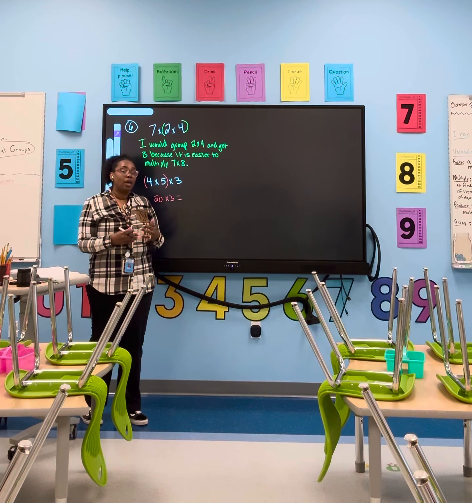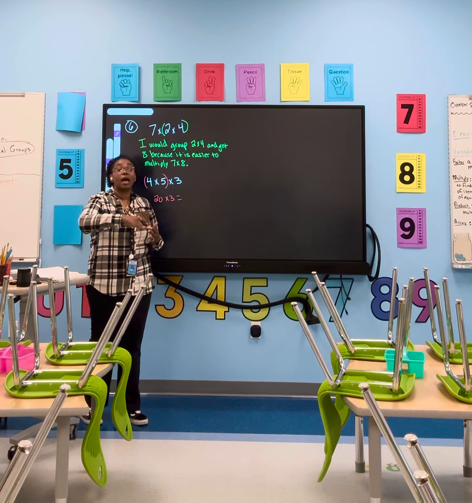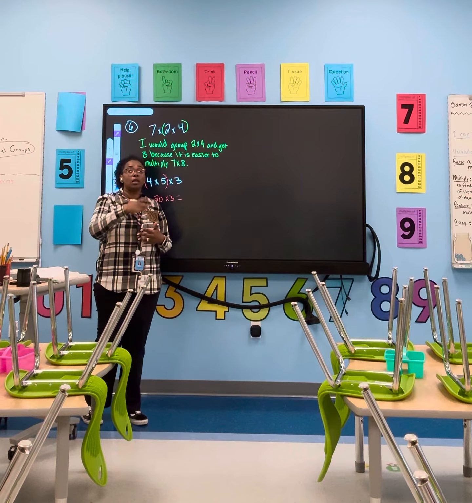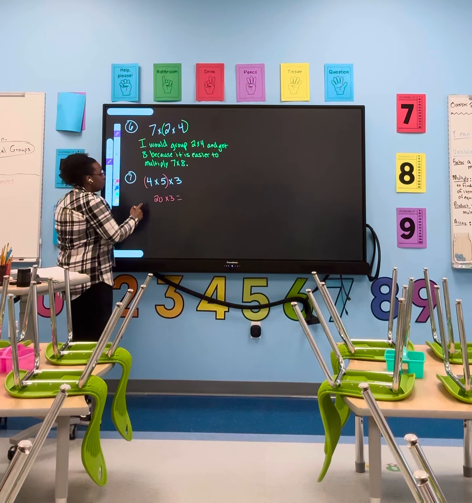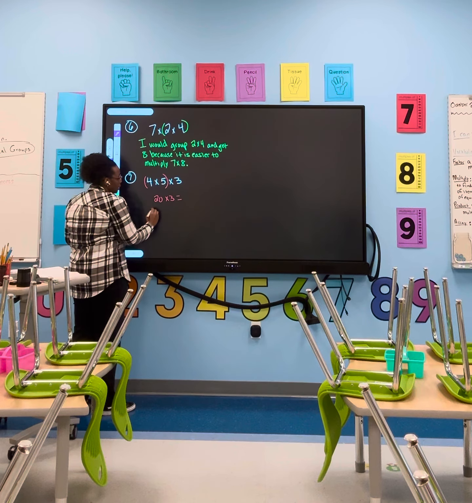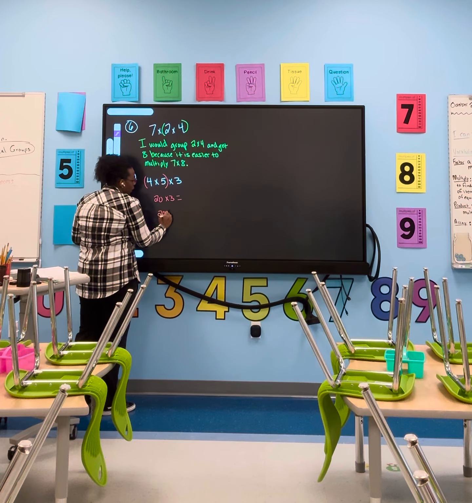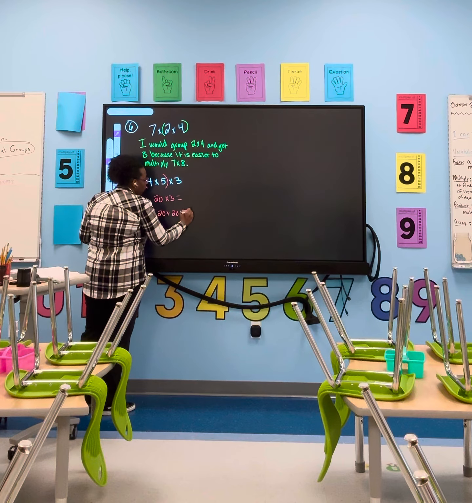I could show you that, but we're not there yet. So I'm just going to go ahead and show you how to do the repeat addition. Okay, so this 3 means I'm going to add 20 three times. 20 plus 20 plus 20.